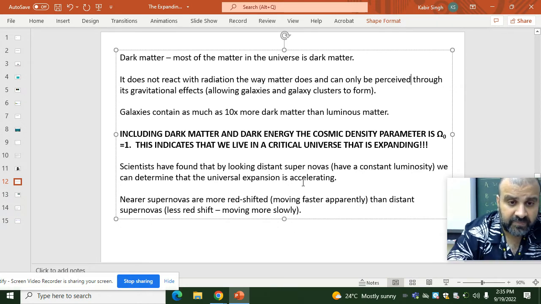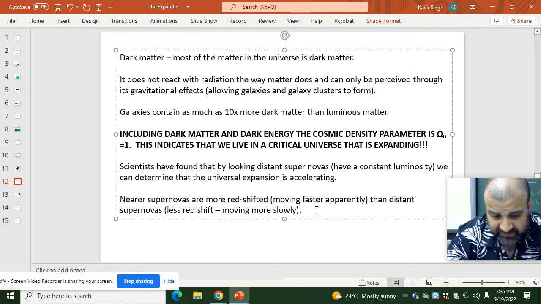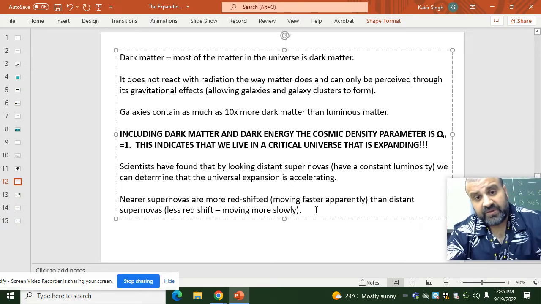Universal expansion is accelerating. I want you to write that down. The universe is getting bigger and bigger, faster and faster. This next point is not going to make a ton of sense. We're going to have to think about it.